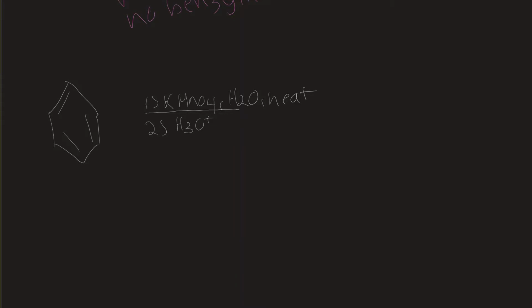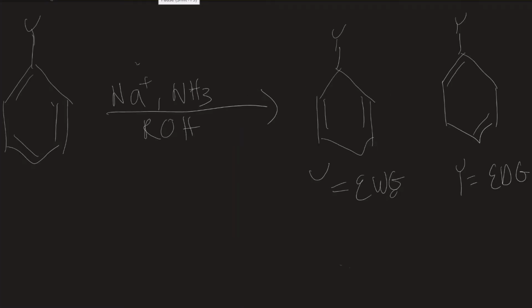Let me just draw this a little longer. Okay, so our product for this reaction is also no reaction, and this is because there is no benzylic carbon in this molecule, nor is there a benzylic hydrogen, since there's no benzylic carbon or position. So basically, as I said before, you can also use the reagents potassium permanganate, water, heat, and acid to oxidize your molecule.